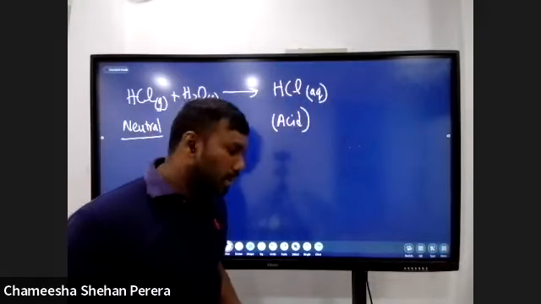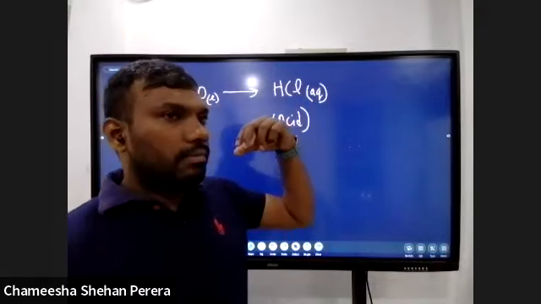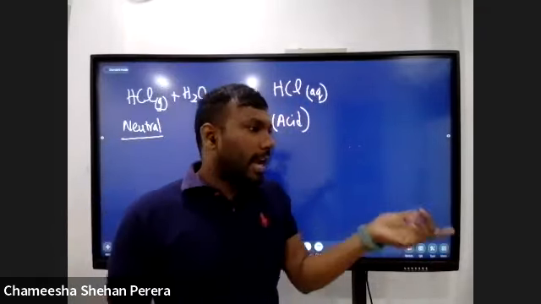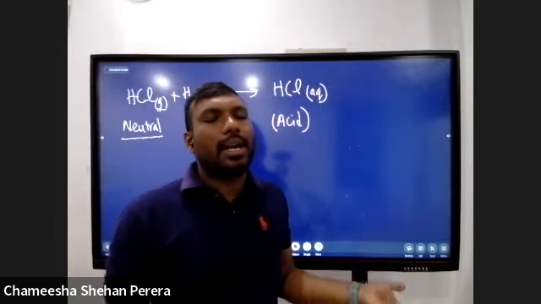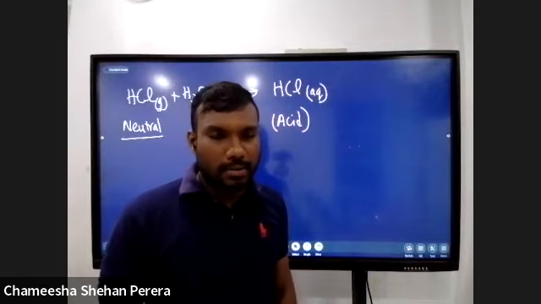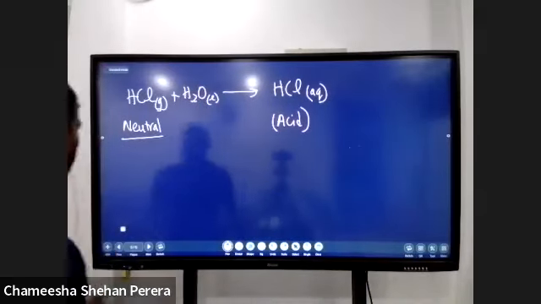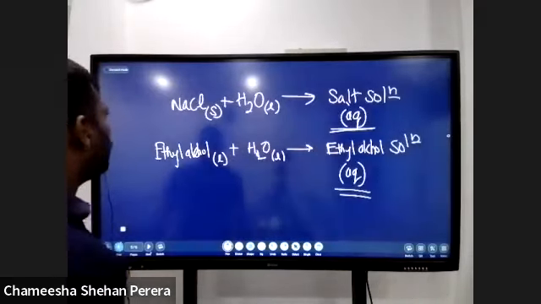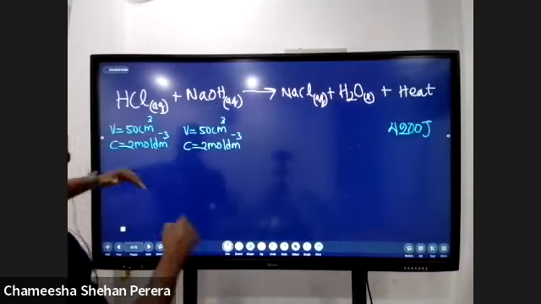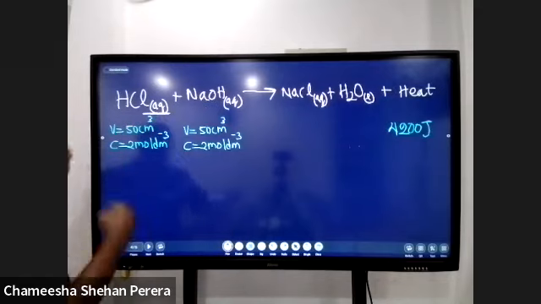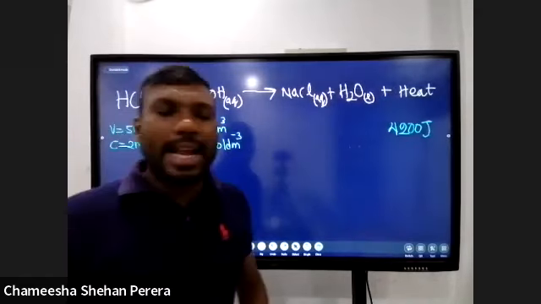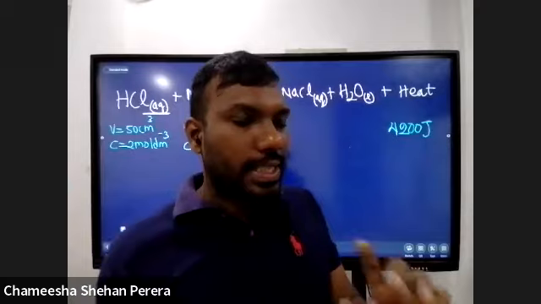How is it made? You dissolve HCl vapor in water. That's how it's made, right? So then for this reaction you have no option. HCl you have to add it as an aqueous solution. You have no other option.